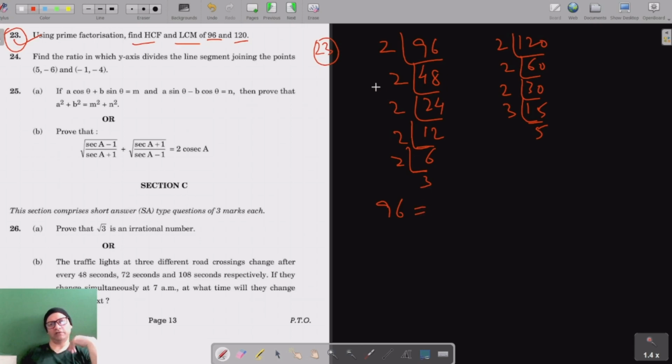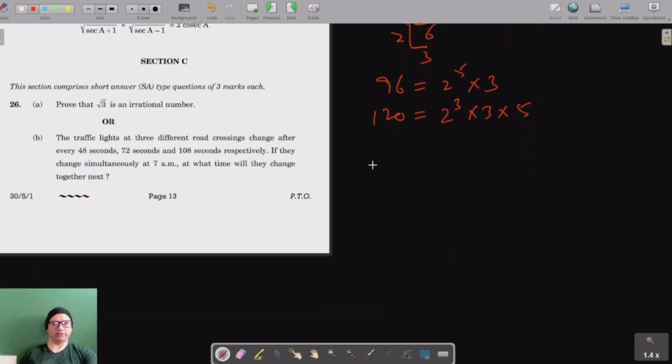So 96 is equal to 2 raised to the power 5 into 3, and 120 is equal to 2 cube into 3 into 5.